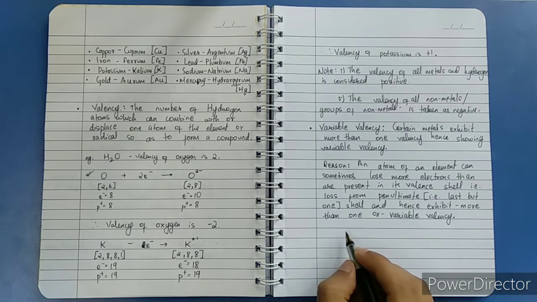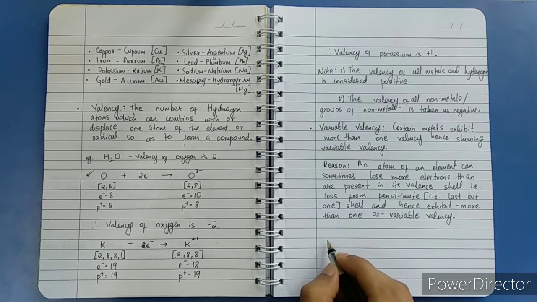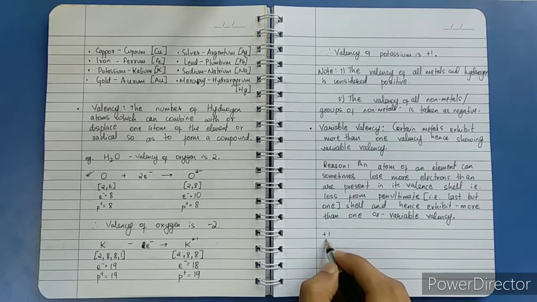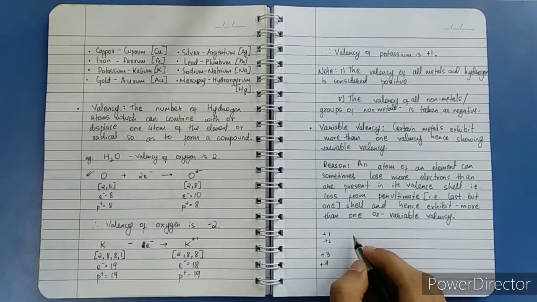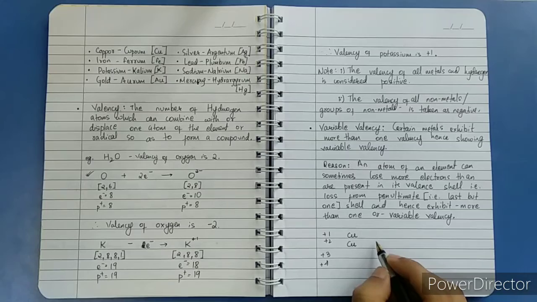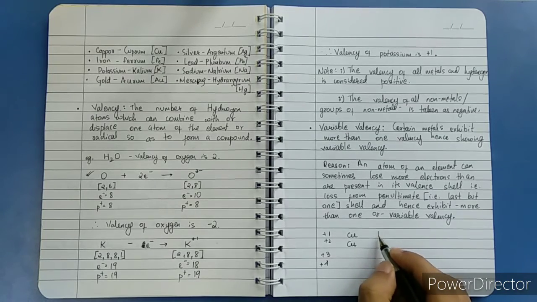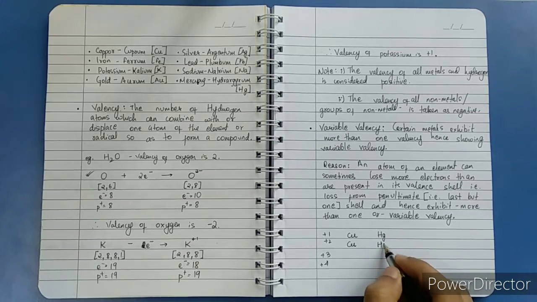Okay, so variable valency: plus 1, plus 2, plus 3, plus 4. Plus 1 is shown by copper, and copper also shows plus 2. Mercury shows plus 1 and plus 2.